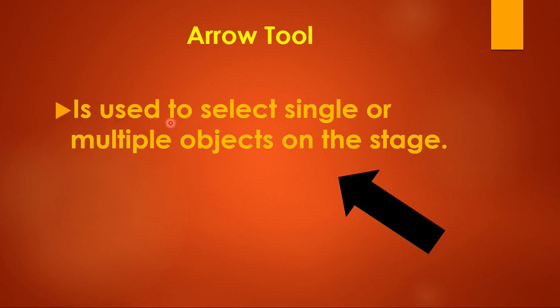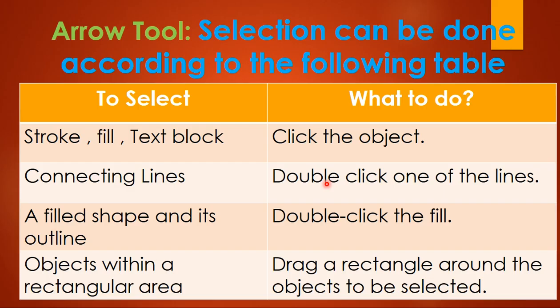The arrow tool is used to select single or multiple objects on the stage. Let us discuss how these tools can be used in Flash CS3. The arrow tool is called the selection tool.